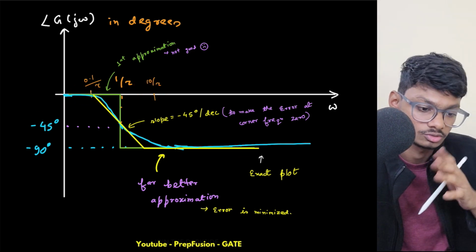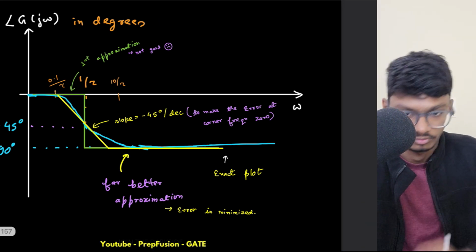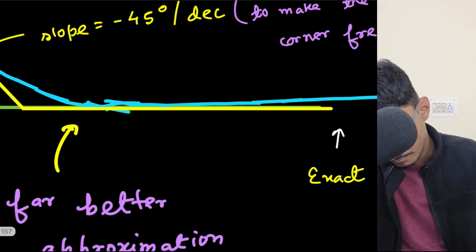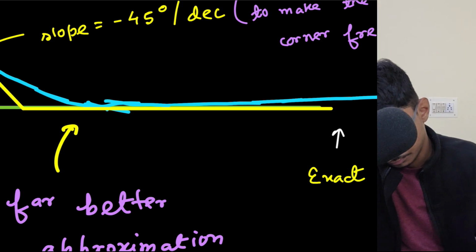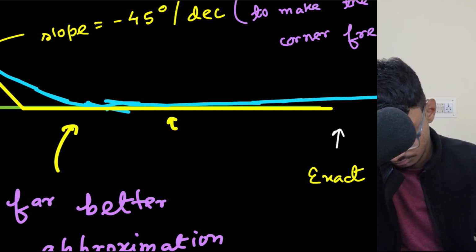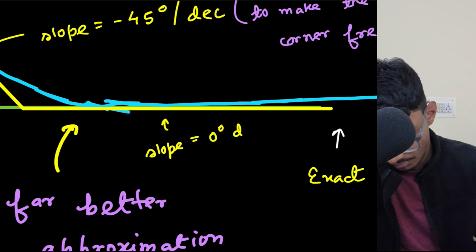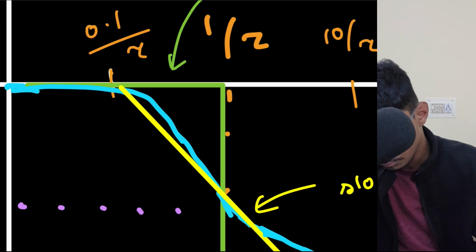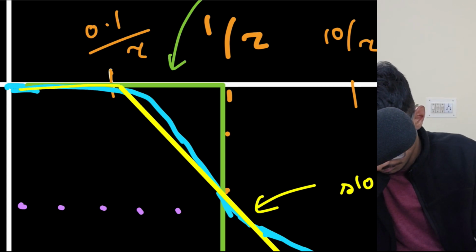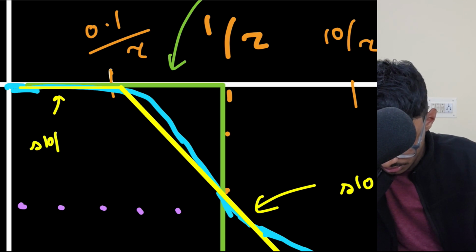The slope changes also, and that we have to take into account. So here also the slope is 0 degrees per decade.